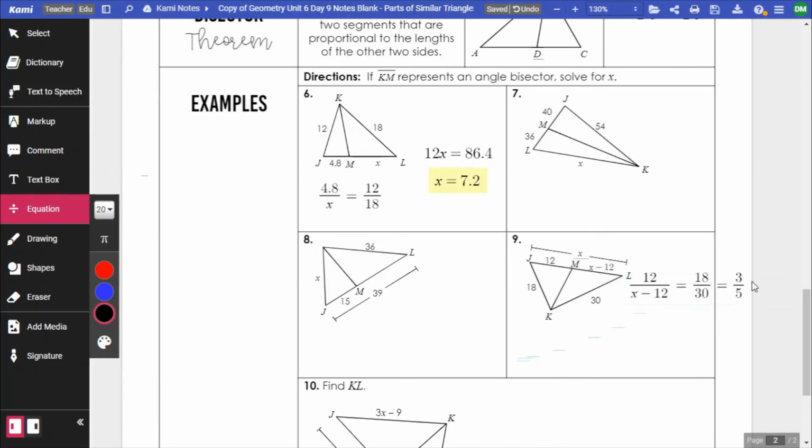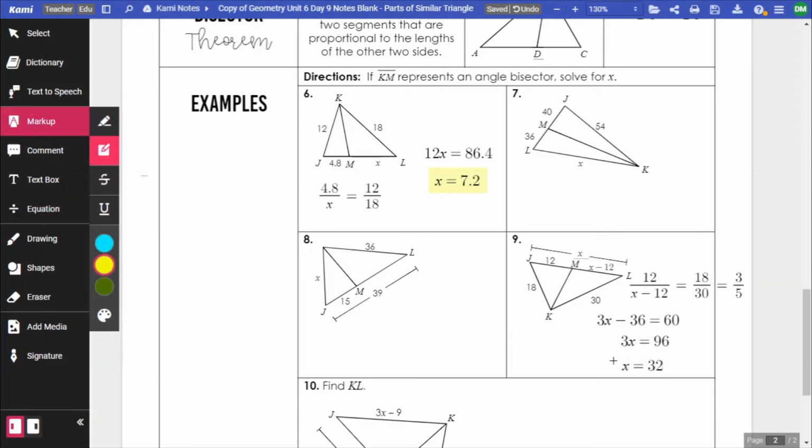So I'm going to cross multiply from the far left to the far right. And that's going to get me 3x minus 36 is equal to 60. And then from here we get 3x is equal to 96. And finally that means that x is equal to 32, and that is our answer.